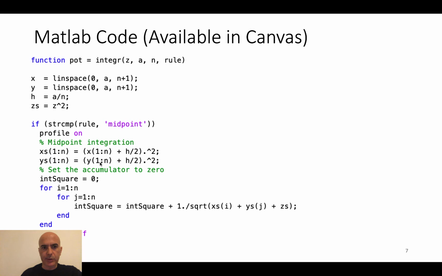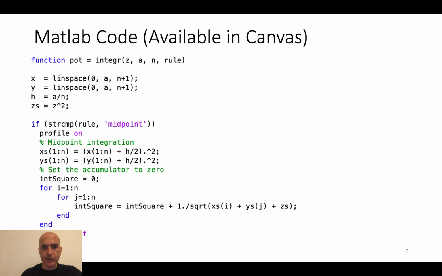With this step here, I calculate the value at the center point by basically displacing by half the cell size, and then I take the square, because we are going to use the square value of the x coordinate at the center of the cell and the square value of the y coordinate at the center of the cell. We initialize an accumulator equal to 0, and then we go through each square.